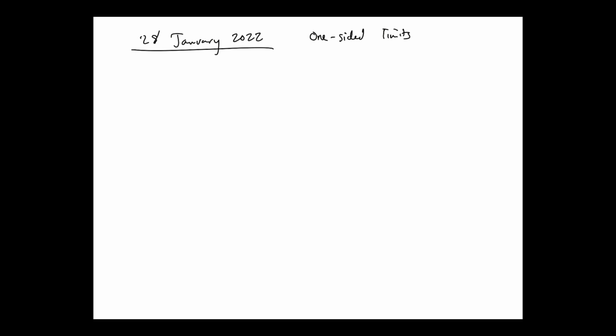Okay, so the notation here, right, is that should be an A. Okay, the plus and the minus are written kind of like an exponent, so they're kind of up and to the right of the A. And the plus means from the right, and the minus means from the left.